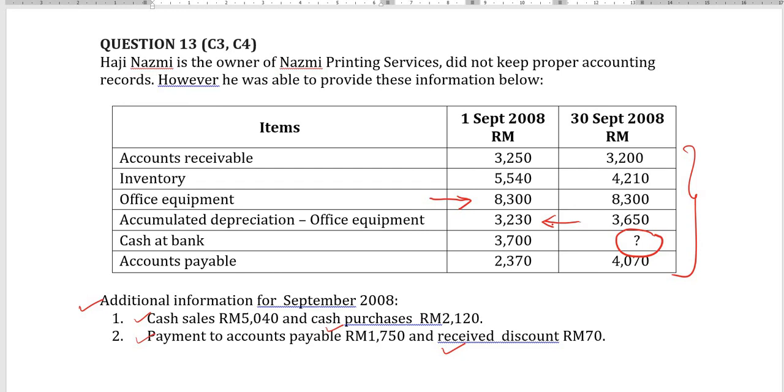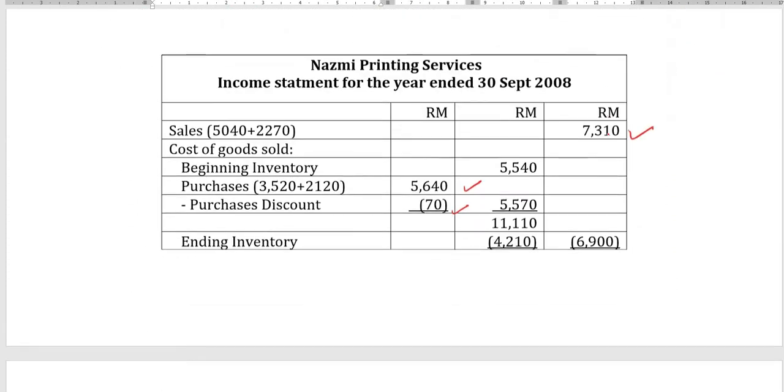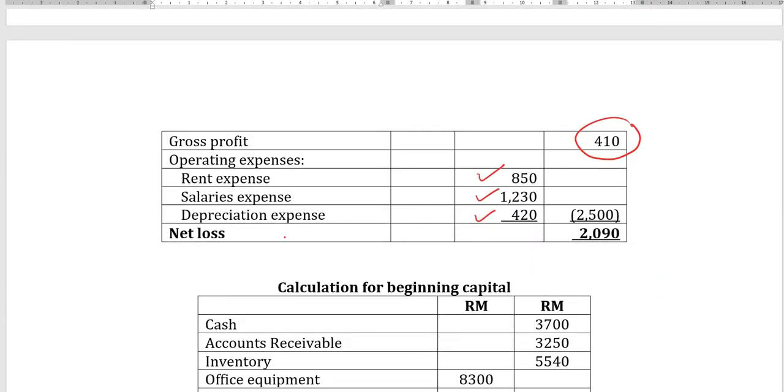Okay, originally accumulated depreciation is 3,230, but at year end it becomes 3,650. That means there is an increase. That is the depreciation expense for that year, value 420. So that's how I get my depreciation expense for my office equipment.